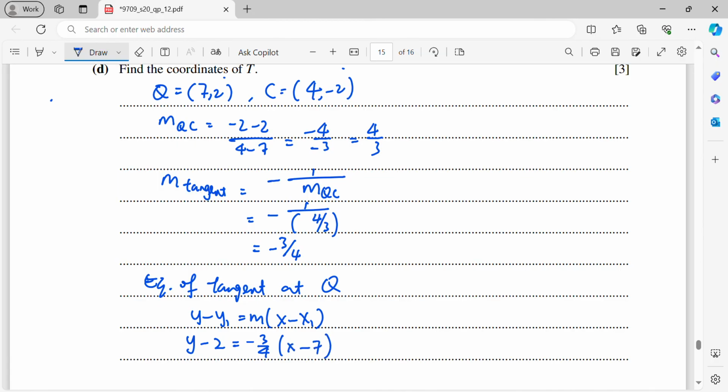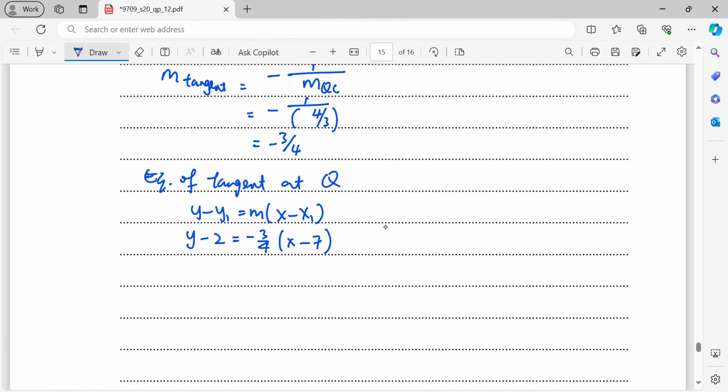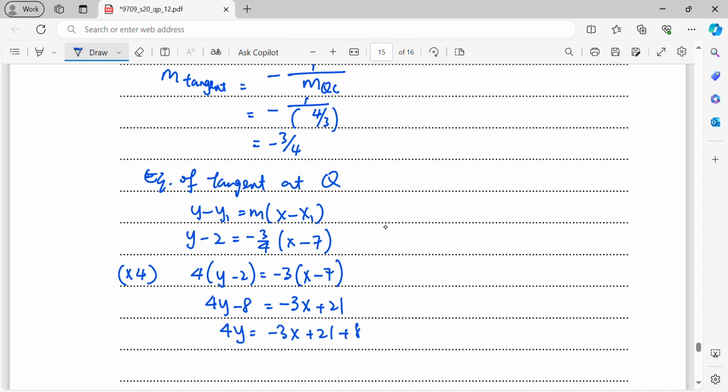Then I times by 4, so 4 times y minus 2 equals negative 3 times x minus 7. When I do expansion, 4y minus 8 equals negative 3x plus 21. At last, 4y equals negative 3x plus 21 plus 8, that is negative 3x plus 29. So this is the equation of the tangent at Q.